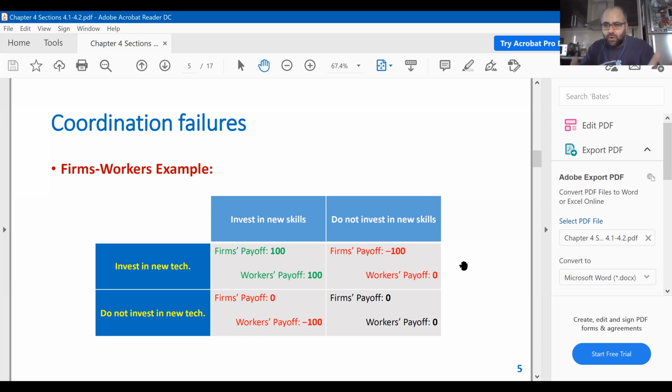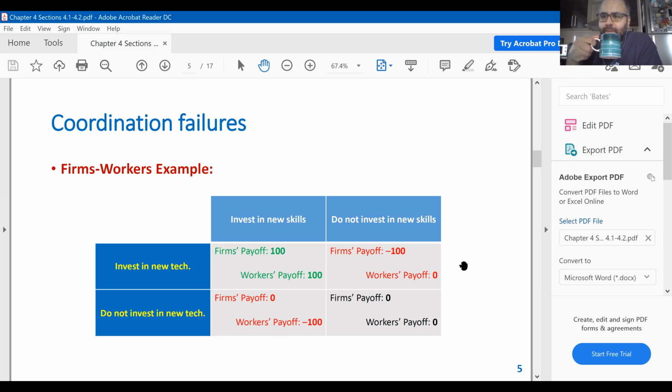So here, there is no coordination between the firm and the worker. So the firm will invest, pays the cost, right? But workers do not invest.